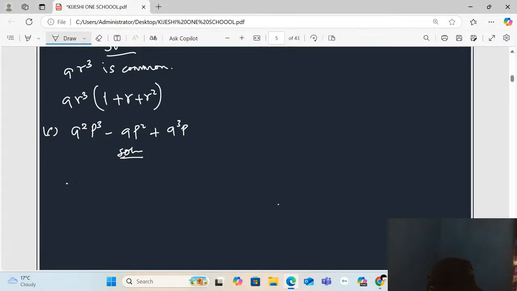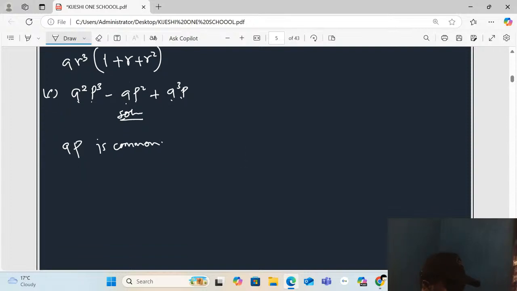So we have ap as common. You can see here we have ap, then ap is common here, then ap is common here. So we have ap as our common factor. So ap, we factor it out.